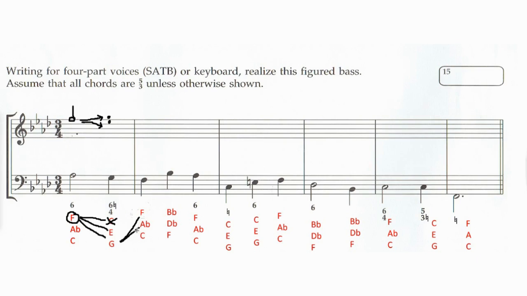So we can't move from G to F, and we can't move from G to C. And G to A flat, although it's possible, is getting very high on the stave. So I would discount all three of those, which means I would discount using the G in this chord here, and we're going to opt for the E.